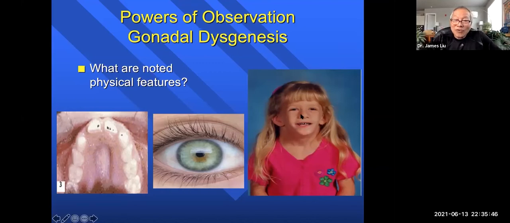This individual did not have double eyelashes, but I have seen some with double row on the upper eyelashes. Now this happens in non-gonadal dysgenesis patients as well, but this is a noted feature. And so there are individuals with gonadal dysgenesis that don't have the typical web neck and are not quite as short that you can make these diagnoses based on other physical features.